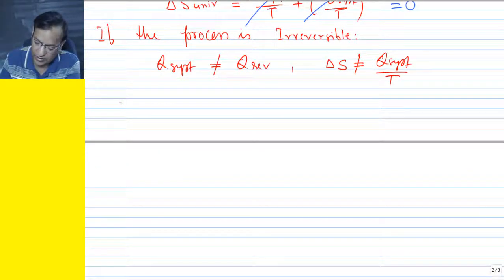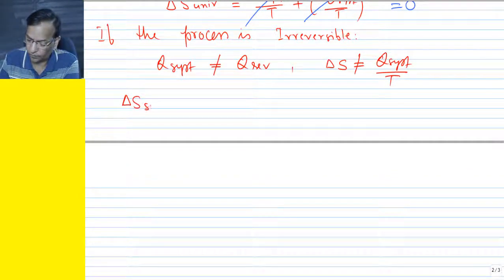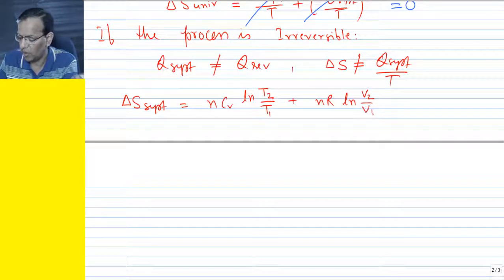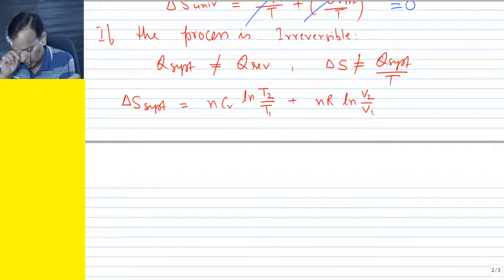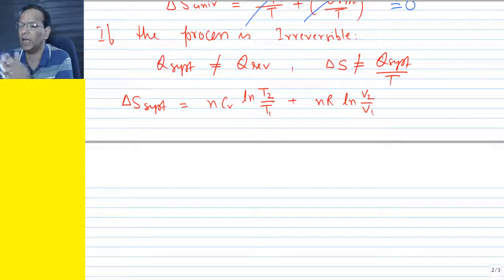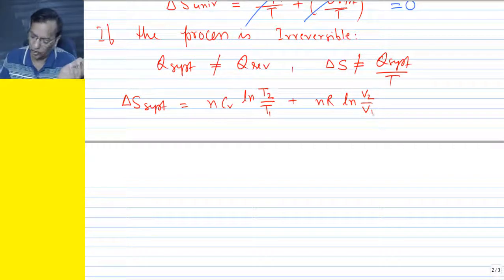So now delta S system will be equal to nCv ln T2 by T1 plus nR ln V2 by V1, or the other expression, nCp ln T2 by T1 plus nR ln P1 by P2.